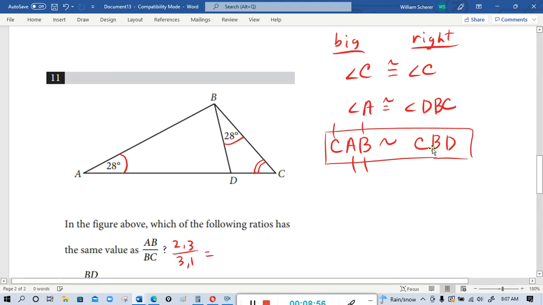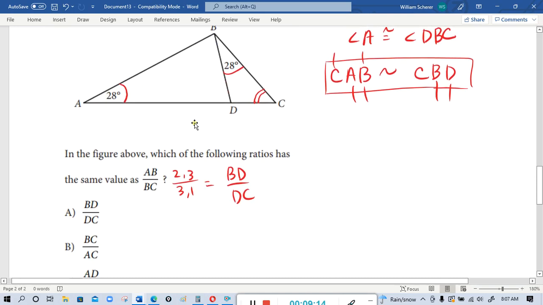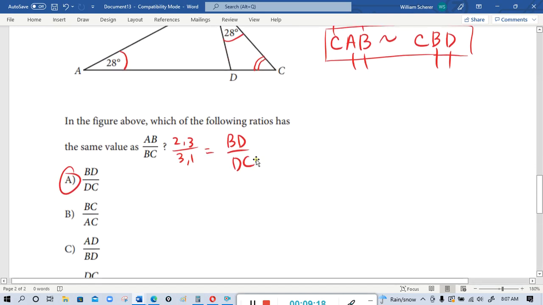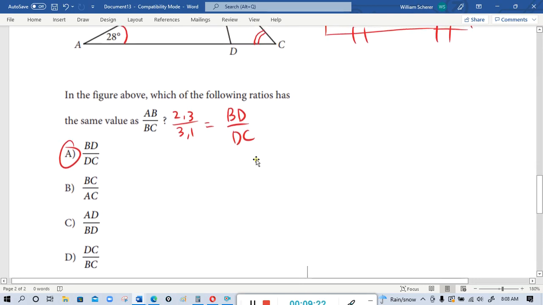Now I'm going to do that on this one here. Second and third is going to be BD, and then third and first is going to be DC. BD over DC, and that's answer A. I got lucky because it was first. That's a tough one.